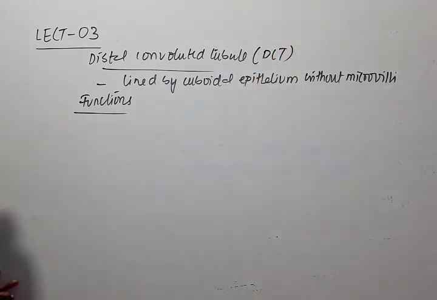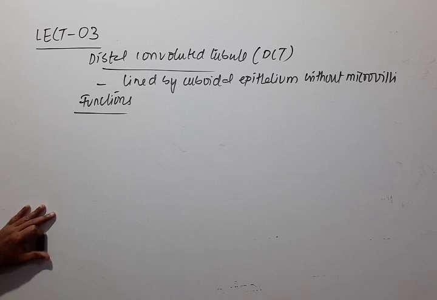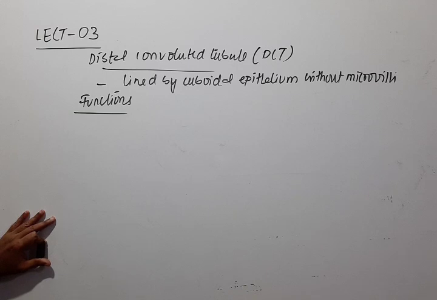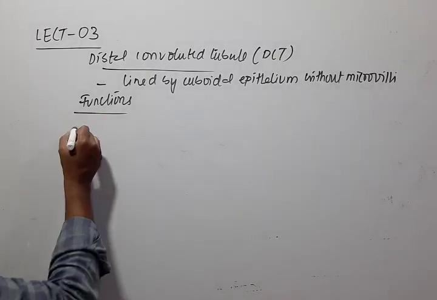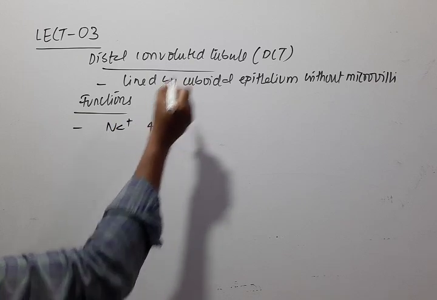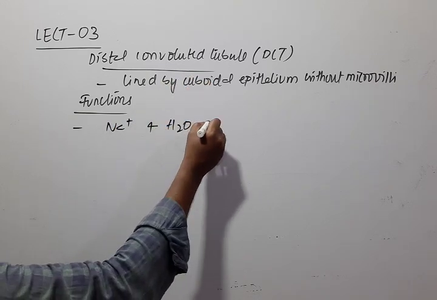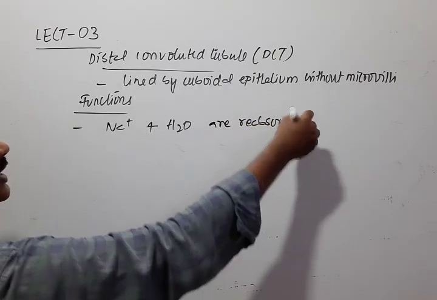So in short we call it DCT. Depending on the body requirement, in the DCT, sodium and water are reabsorbed. So depending on the requirement, sodium and water are reabsorbed in this segment.